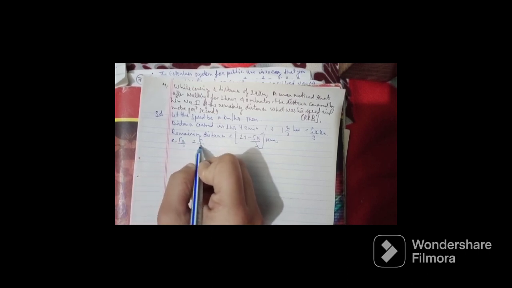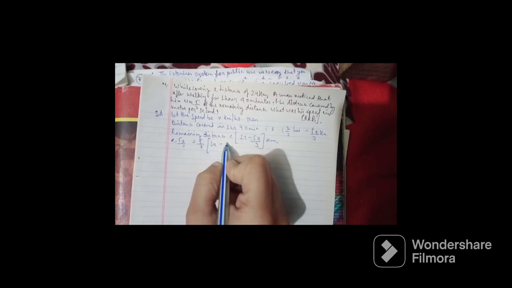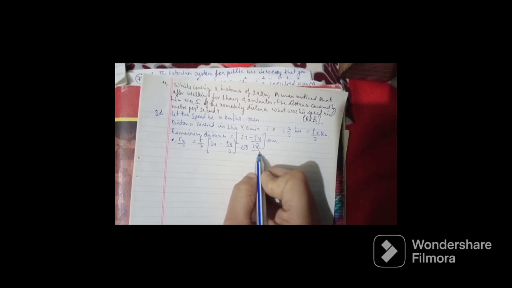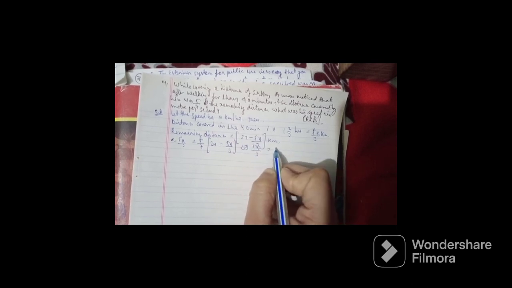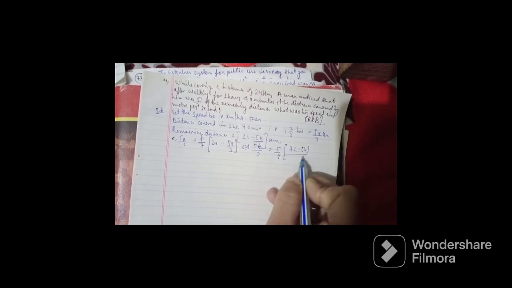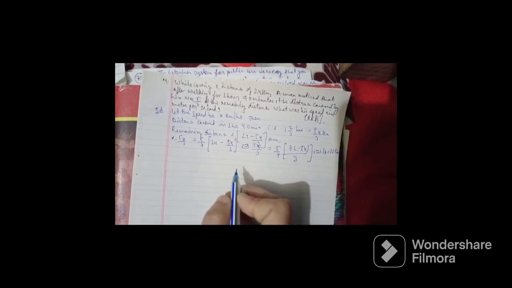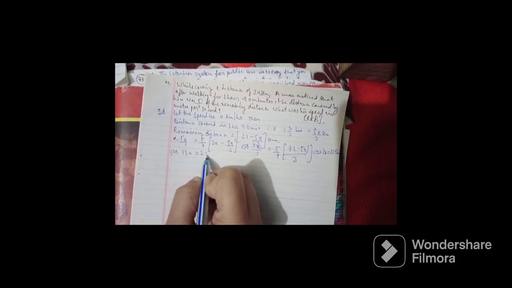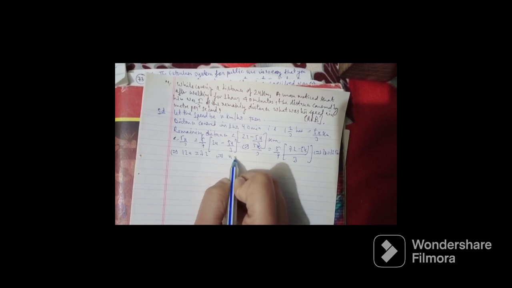5x by 3 equals to 5 upon 7 of 24 minus 5x by 3, so 5x by 3 equals to 5 by 7 of 72 minus 5x upon 3, which is equals to 7x equals to 72 minus 5x. 12x equals to 72 and x equals to 6.